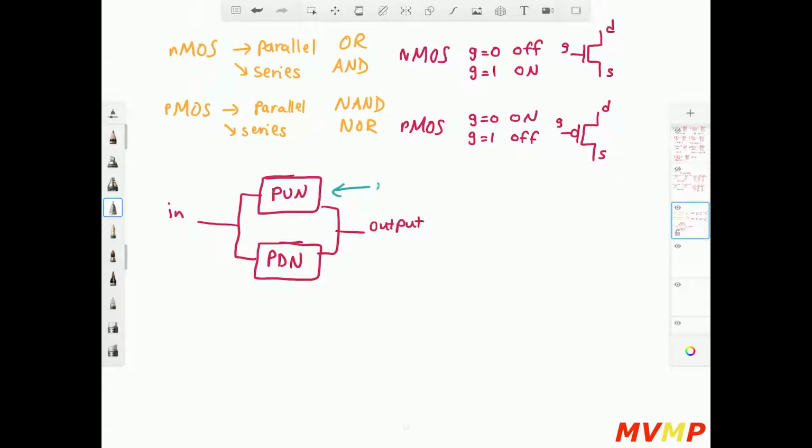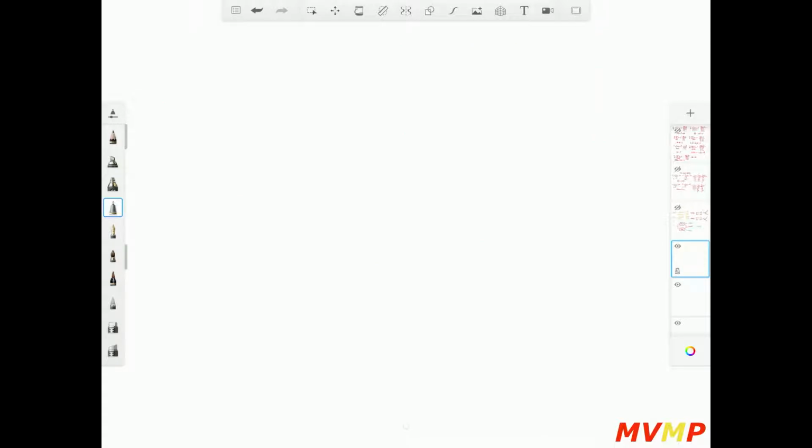In the pull-up network, it's pMOS transistors, and in the pull-down network you have nMOS transistors. You do this based off of what I wrote in yellow on top, and you represent the output in CMOS. So you have a combination of nMOS and pMOS, and you get an output of CMOS.